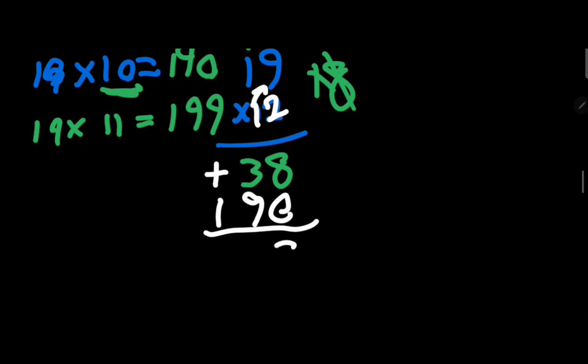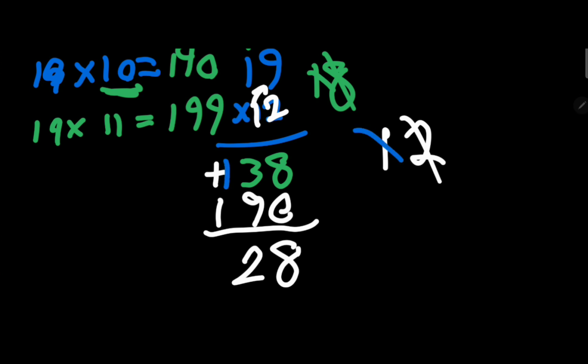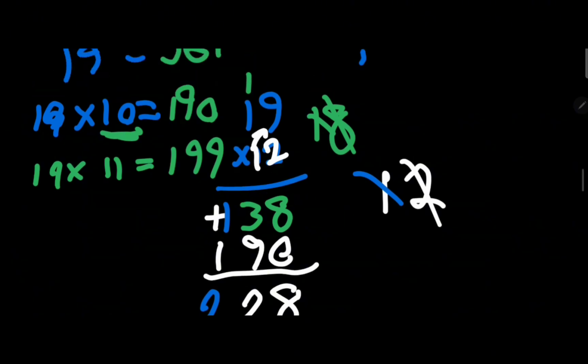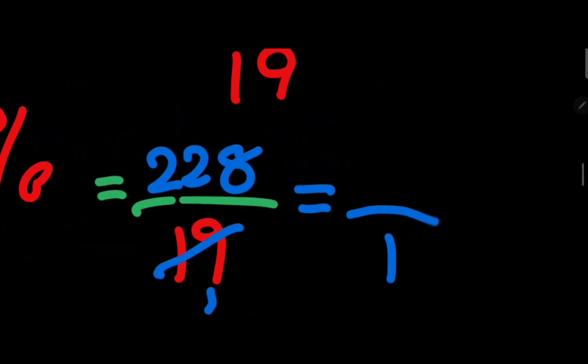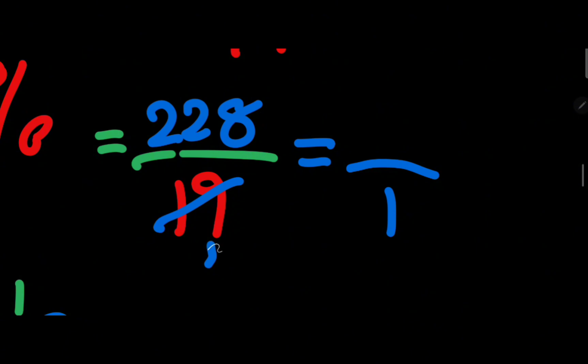So 8 plus 0 is 8, and 9 plus 3, that is 12. Cross the 2, bring it down, and carry over this one over here. So 1 plus 1, that is 2. So there we have it. 19 can go into 228 12 times.